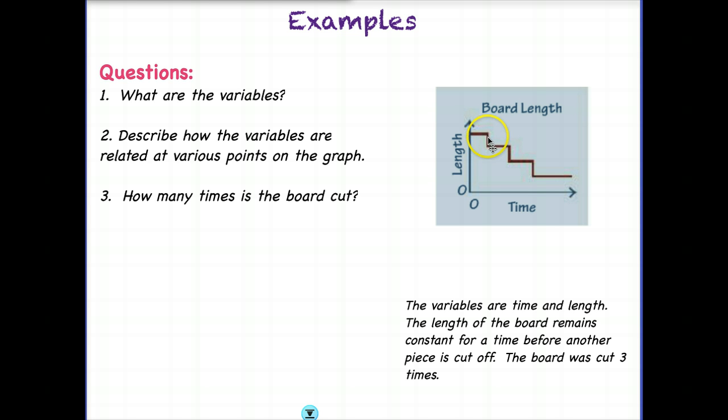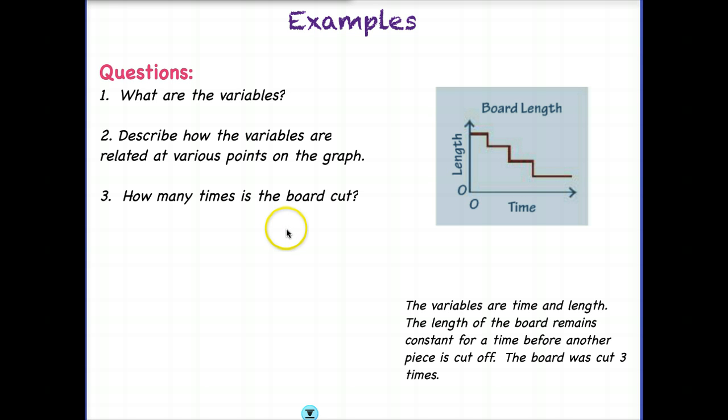So the only way for the length to get shorter is for the board to be cut, the board to be shortened somehow. So what we have is the board being cut, and then the board remained constant for another period of time. Perhaps the person who's cutting it is readjusting the board in the saw, and then it's cut again, and then it's readjusted, and then it's cut again.